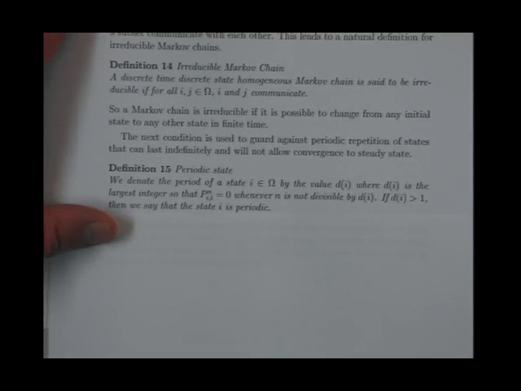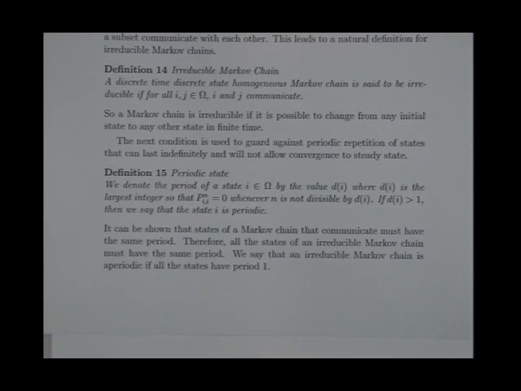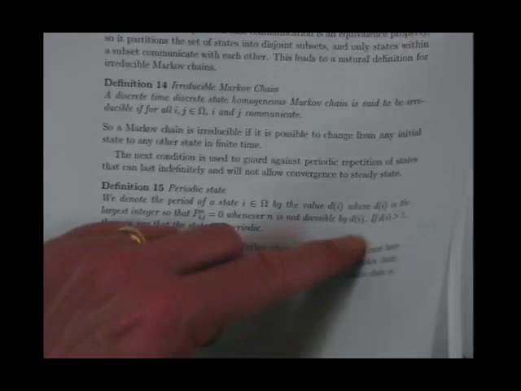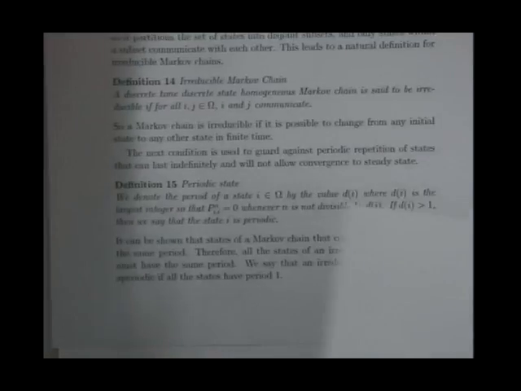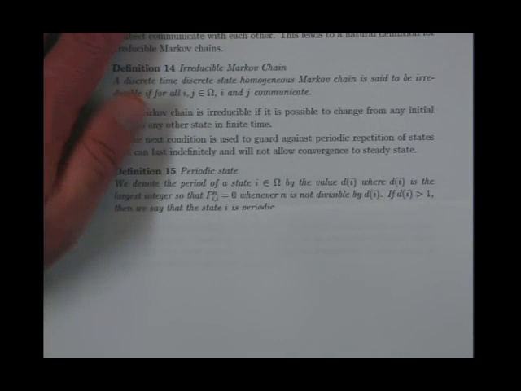Right? Okay. Now there's also a concept of a periodic state. The definition of a periodic state is complicated, so you really have to read it carefully. I'm going to try to go through it here, but it's really good to go through it very carefully on your own.